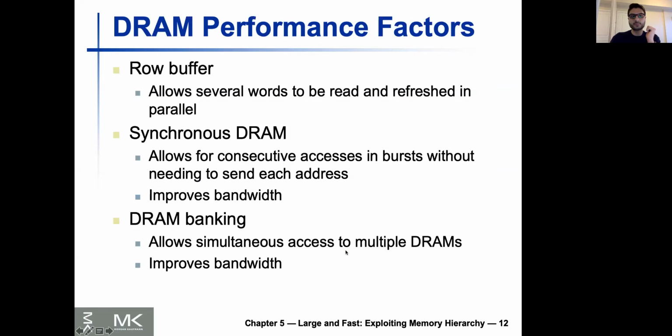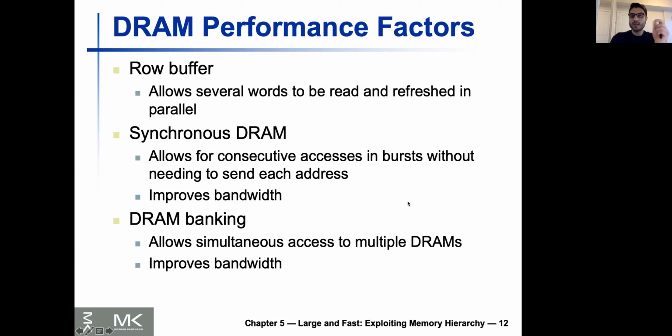All right. So some factors for your DRAM performance: row buffer, because you are accessing it per row, and then you want to load it into a buffer. So the architecture of the buffer determines how fast your RAM would work. Whether it's asynchronous or not plays a huge role.